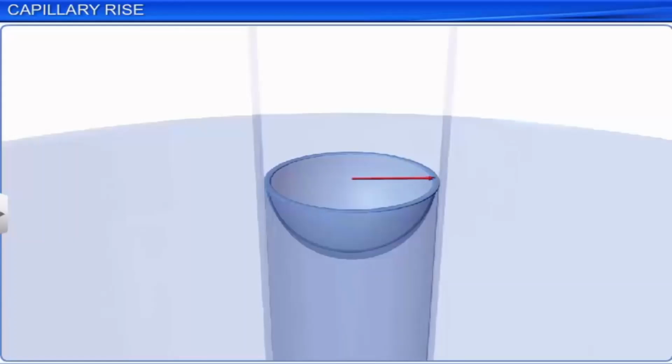As the radius of the tube is very small, the surface of the liquid in the tube is nearly hemispherical. Thus, we find a hemispherical surface of the liquid in the tube, referred to as the concave meniscus.